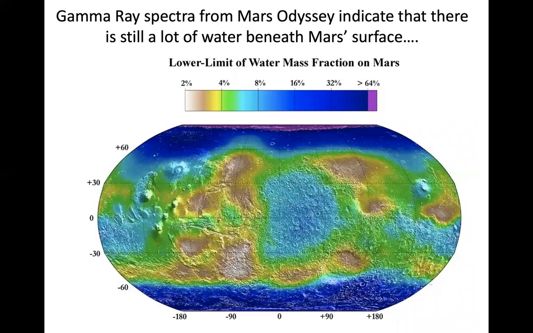There are various instruments that can probe beneath the surface and measure basically hydrogen, which most often is found in water on terrestrial planets, and there are hints of water under large fractions of Mars. Now, this probably is mostly in the form of ice because it's still fairly cold. But it potentially can also be in the form of groundwater, in which case, if you could dig down, you could get to an aquifer, which would be interesting.